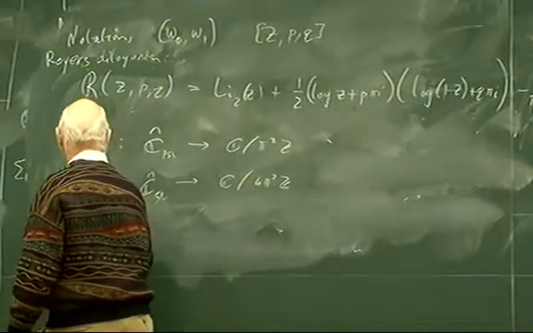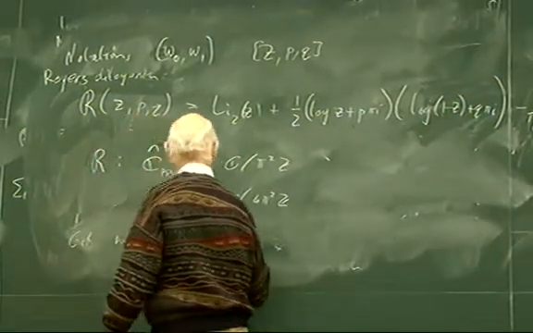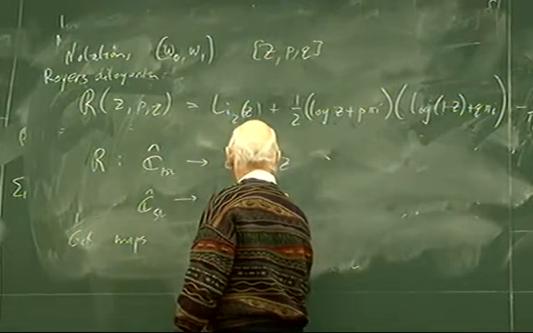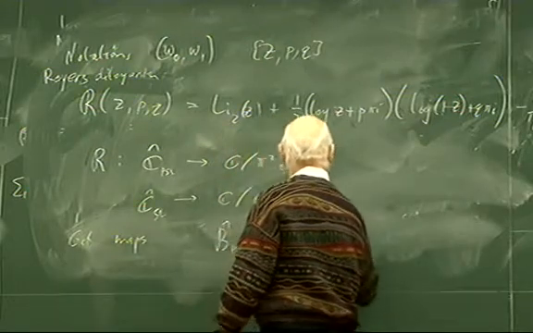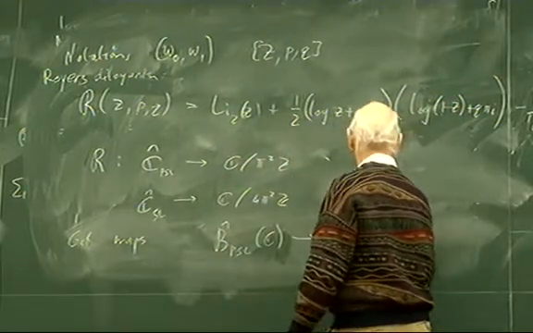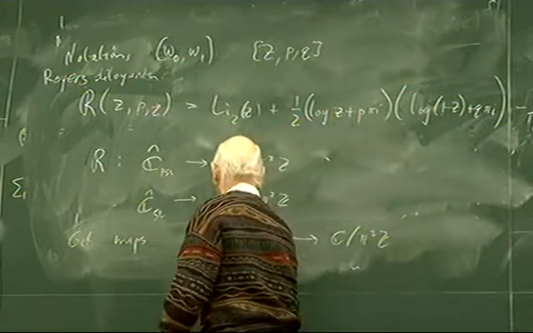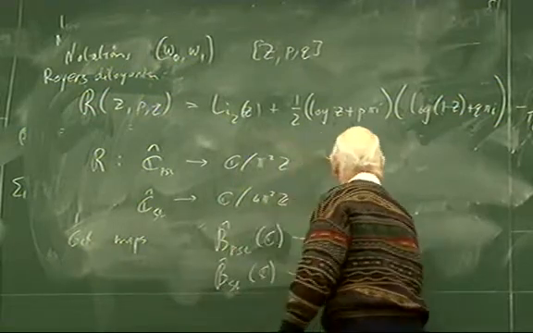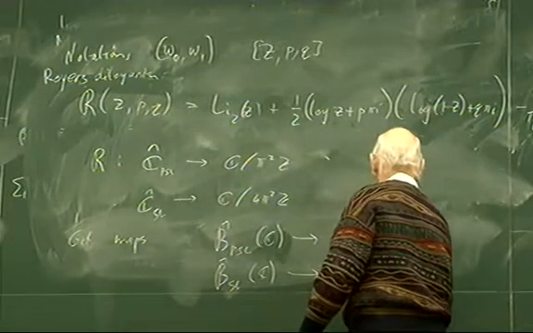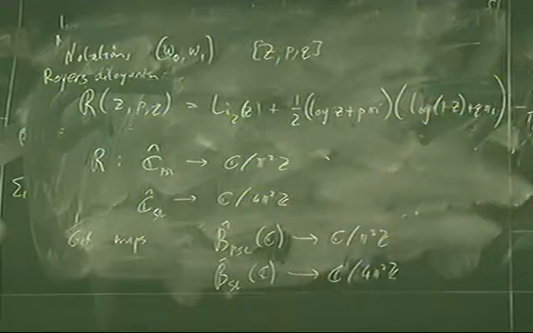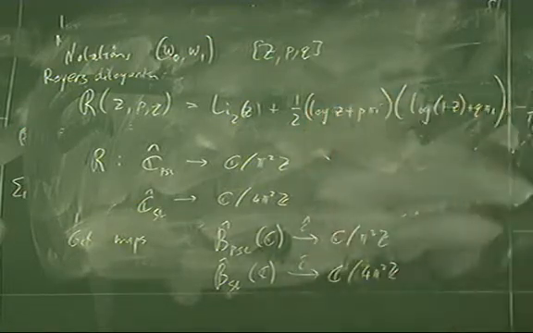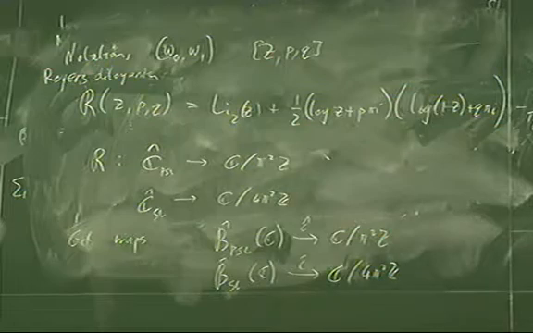So we get maps from the extended block group sub PSL to C modulo pi squared Z, and from extended block group sub SL to C modulo 4 pi squared Z. And this turns out to be the Chern-Simons class. So this is a nice computation of the Chern-Simons class.